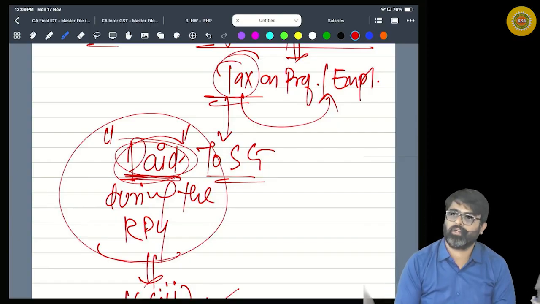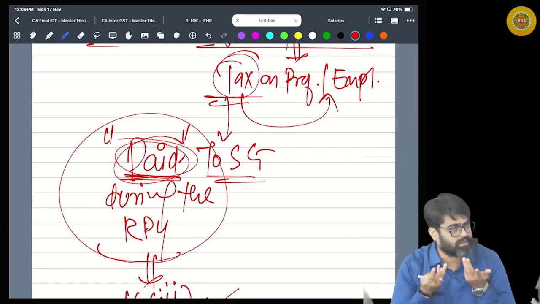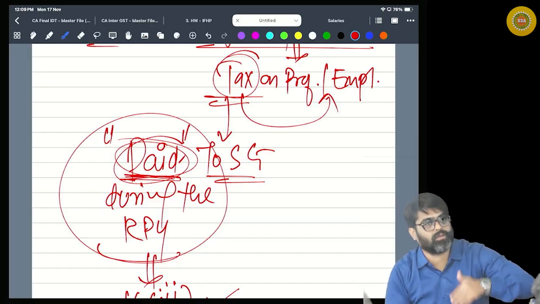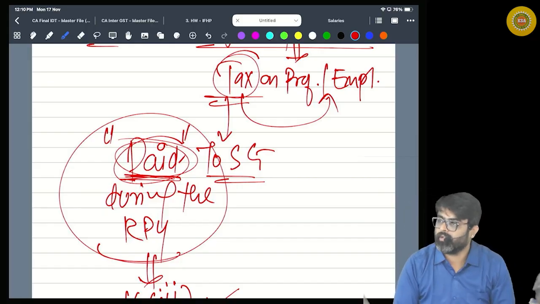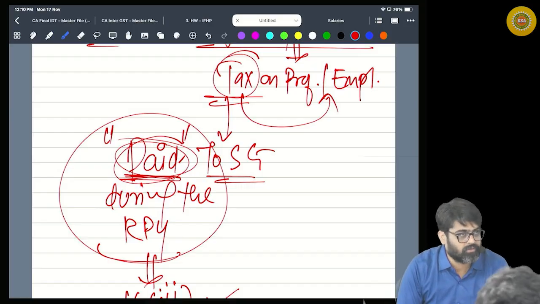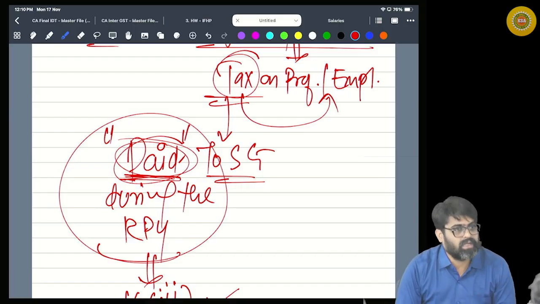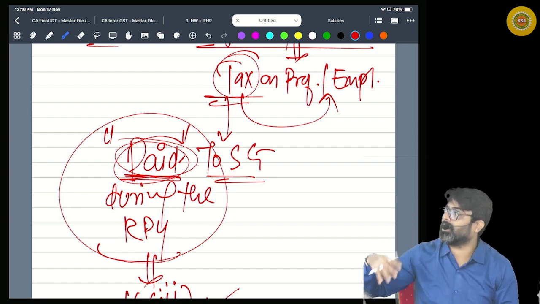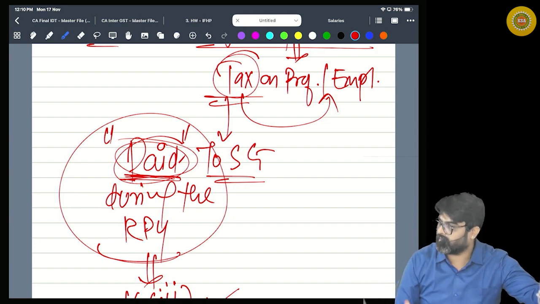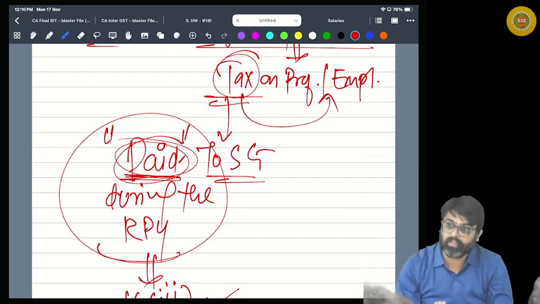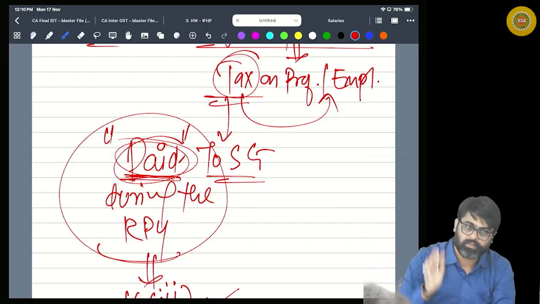Professional tax of this year paid in this year will be allowed in this year. Professional tax of next year paid in advance in this year will be allowed in this year. No need to see to which year the professional tax relates. Professional tax of any previous year paid in this year will be allowed as a deduction in this year.